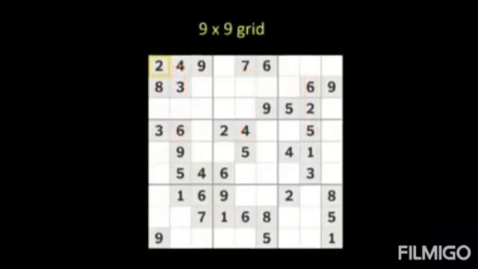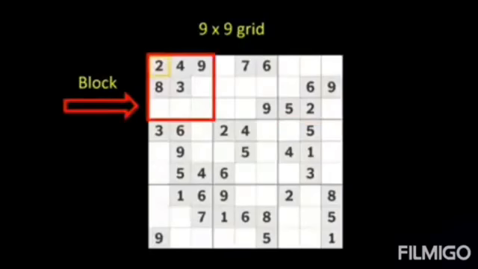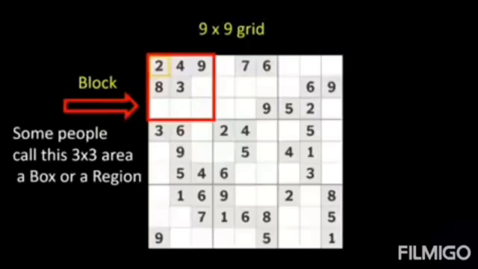Each 9 by 9 grid is broken down into a smaller group of cells, that is 3 by 3. Means it has 3 rows and 3 columns. You can see it with a red boundary here. 3 by 3 makes up for 9 cells. An area like this is called a block. Some people call this a box or a region too.